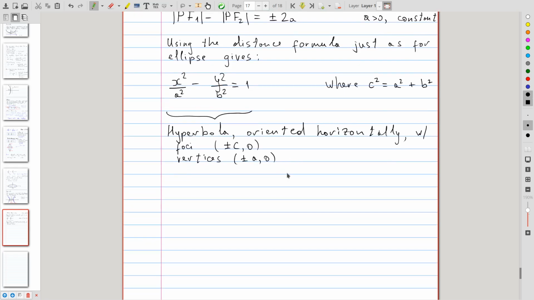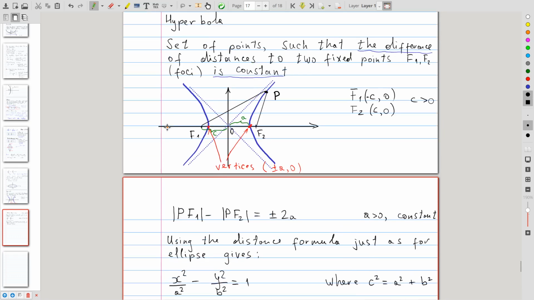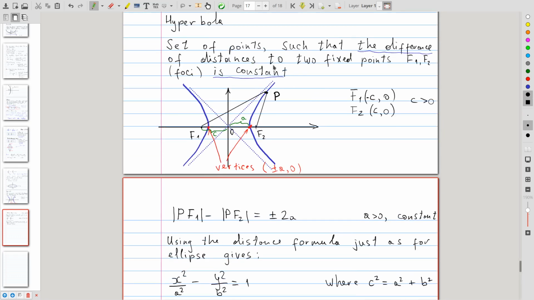So before we get to that, though, we need to mention asymptotes. The hyperbola has this interesting pair of lines that it approaches when P goes away from the origin. So when the point P here goes very far away from the origin, it approaches one of the two lines shown here in dotted blue.